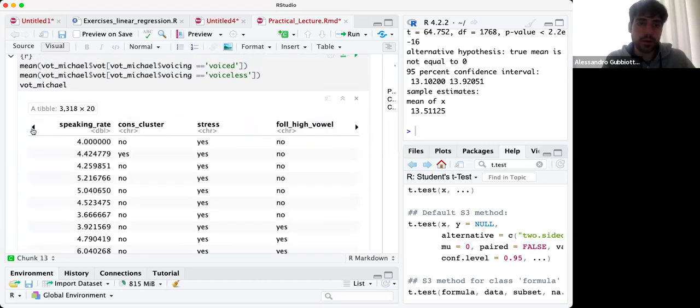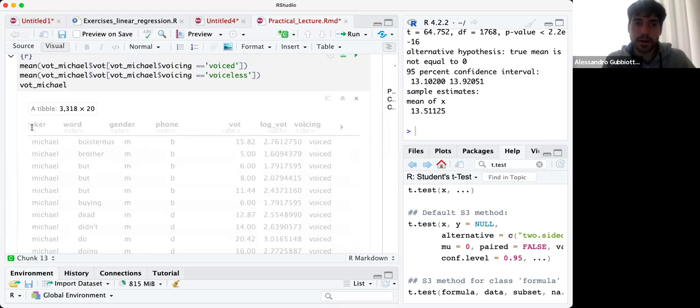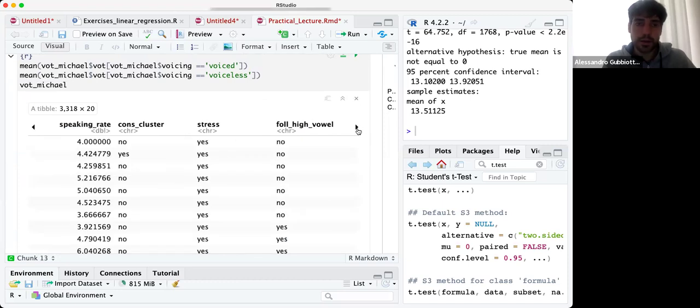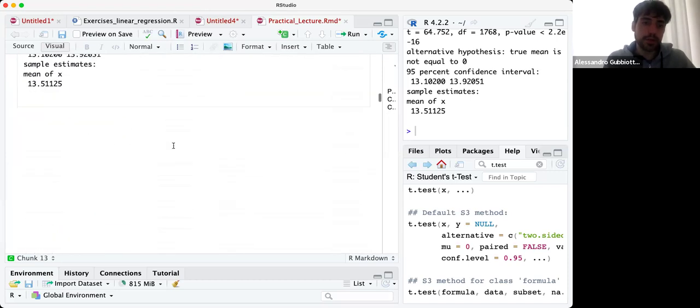But let's try to see if other variables can influence the vocal onset time. Or maybe let me first tell you something that you have to keep in mind. Here the voicing parameter can have two values.